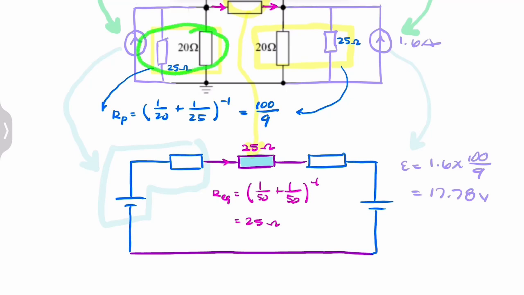So this resistance with this current, I think the current was 0.8 amps. So the EMF is 0.8 times 100 over 9.